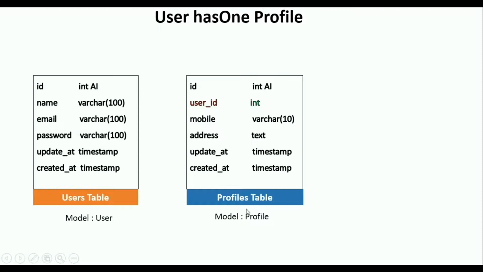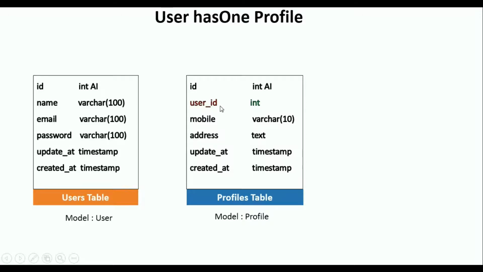And the second table is called profiles table and the model name is Profile. I have some fields like ID, and I have created one field called users_id. This is an important point you have to remember. users_id is the foreign key.